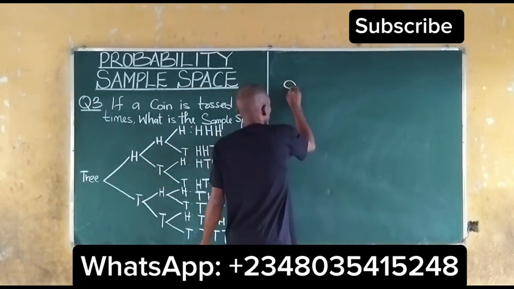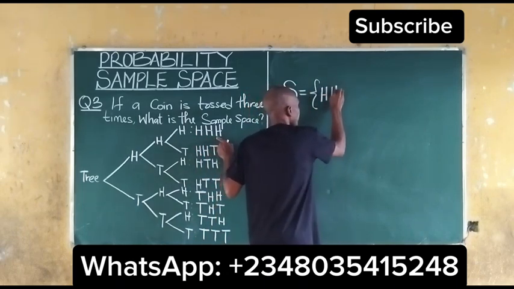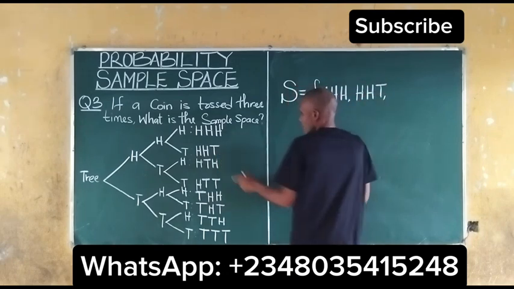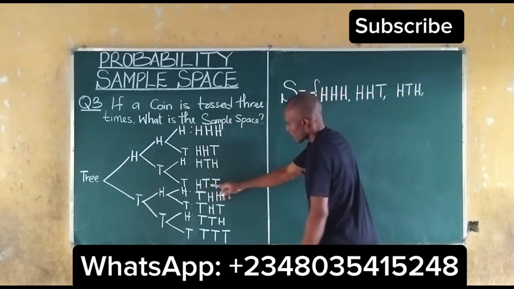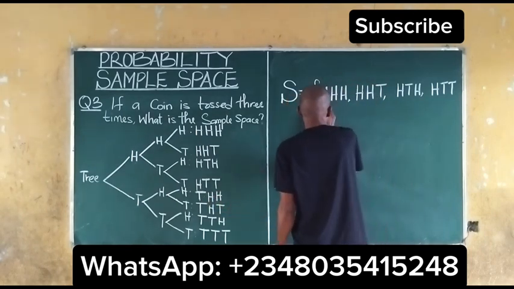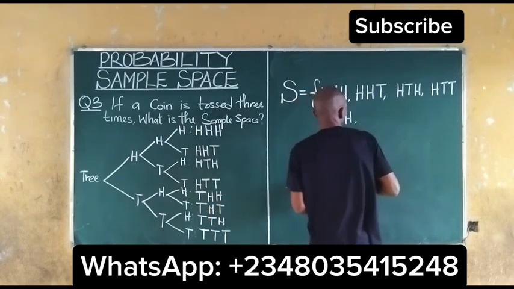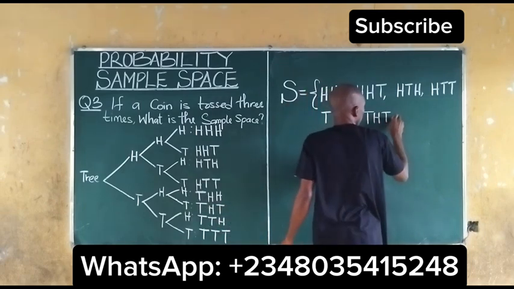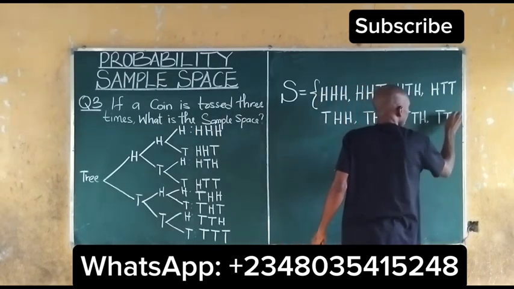Now the sample space will be head, head, head; head, head, tail; head, tail, head; head, tail, tail; tail, head, head; tail, head, tail; tail, tail, head; and lastly tail, tail, tail.